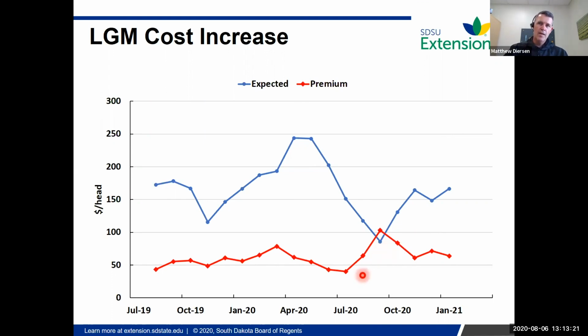And at the same time, when March and April and May, we had the big spike in implied volatility, that carried over to the premiums for livestock gross margin insurance. So livestock gross margin insurance in April would have cost you over $100 a head, and the expected margin was $80 a head. And that math just says, hey, that isn't going to work unless you're expecting minus $400 returns at the end of the day.